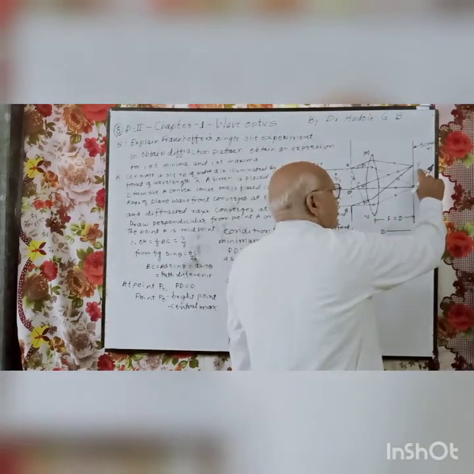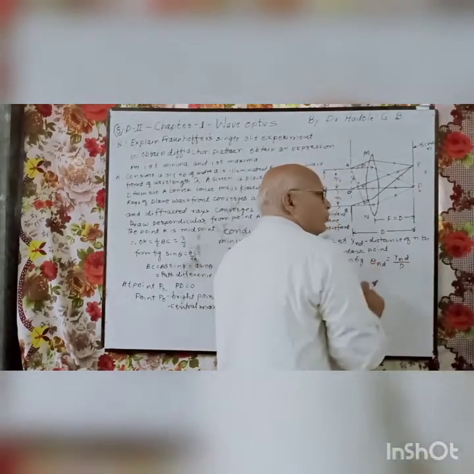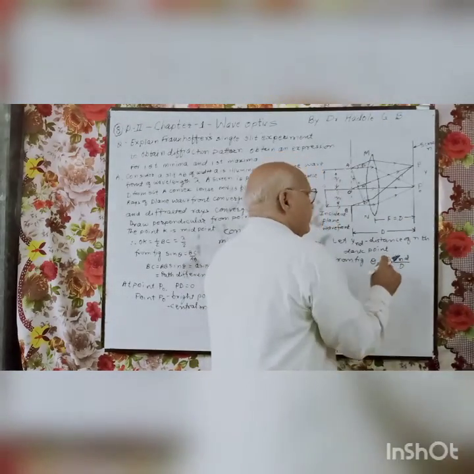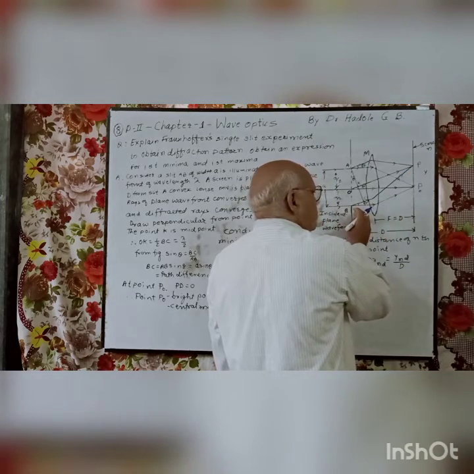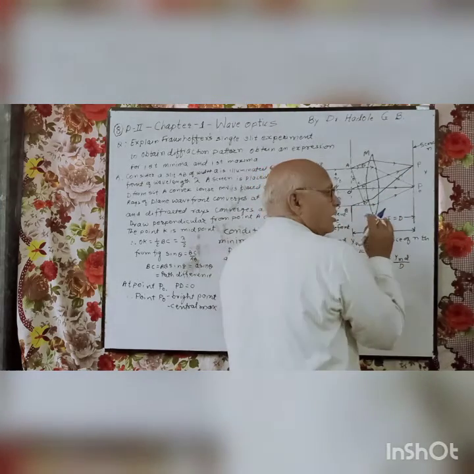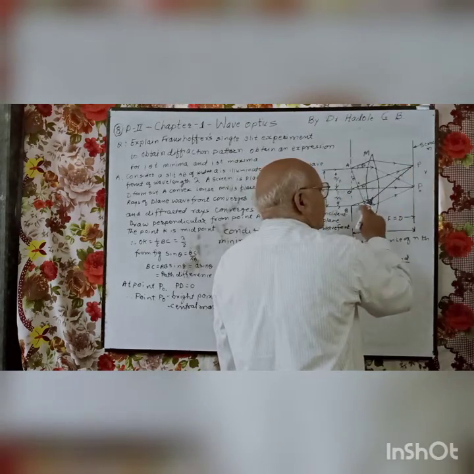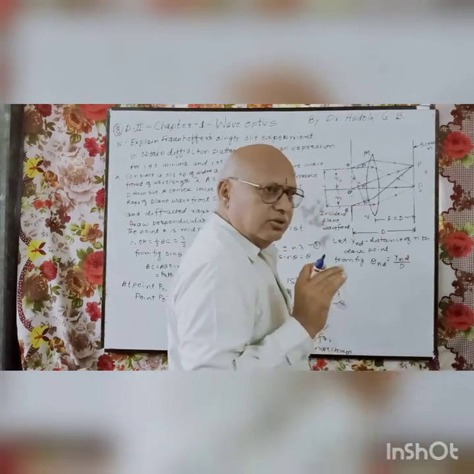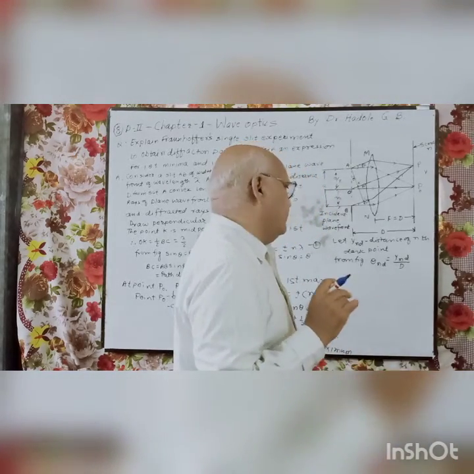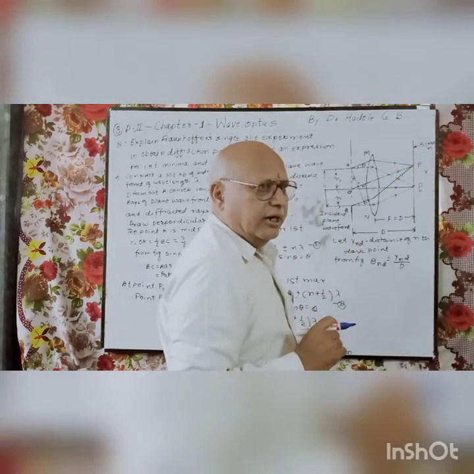Now suppose that this point P is a y n distance away from the P0 point. This lens is kept close to the slit, and therefore we write opposite side divided by adjacent side, that is tan theta.